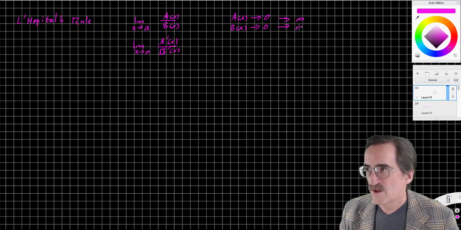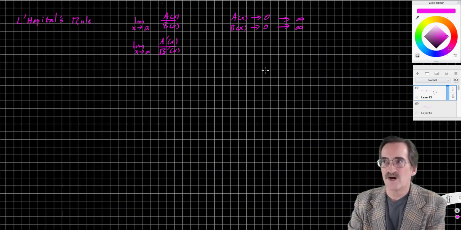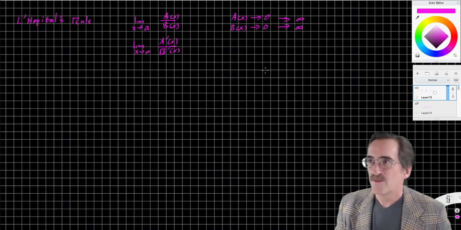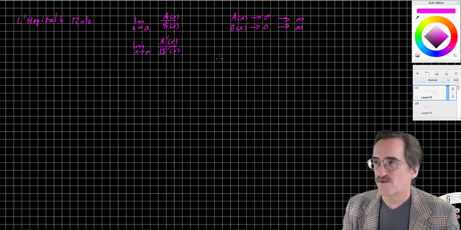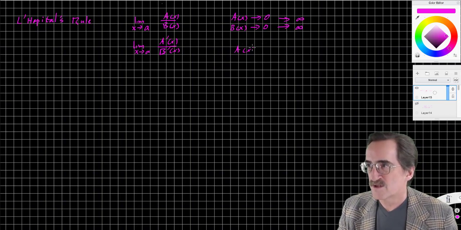All you've got to do is divide by the top and the bottom to turn it into a fraction where the pieces go to 0. Let me show you. A of x over b of x.